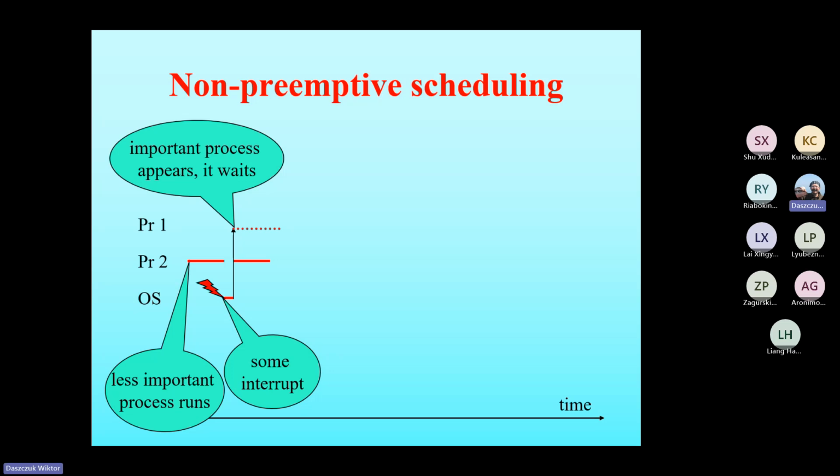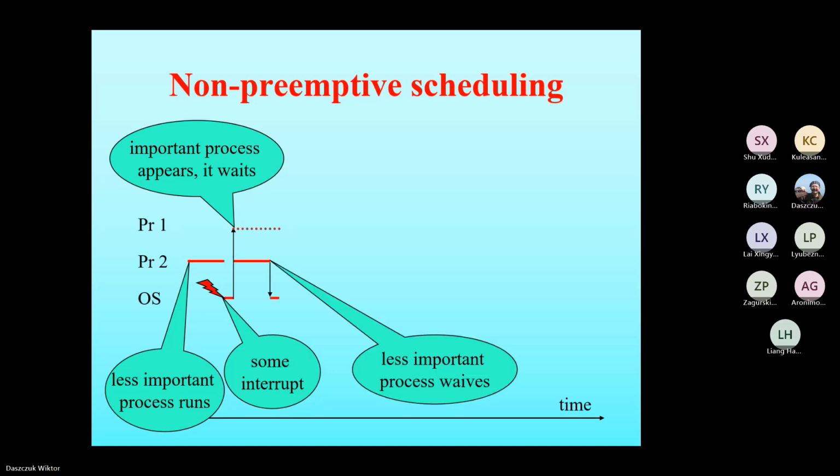It is started or resumed, whatever. But you see that when we resume or start this process, it does not get the resource. The resource is still allocated to process 2. If a less important process waits from using the resource, we can allocate this resource to another process.